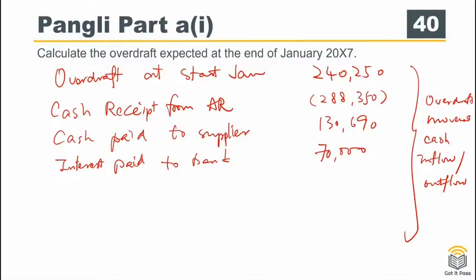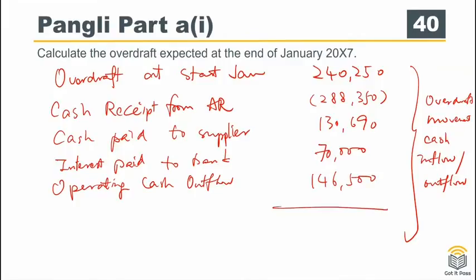The interest is 70,000. And how about operating cash flow? It's an outflow, for example the salary you pay to staff and other cash paid for the operations. Altogether, the cash outflow here is 146,500.